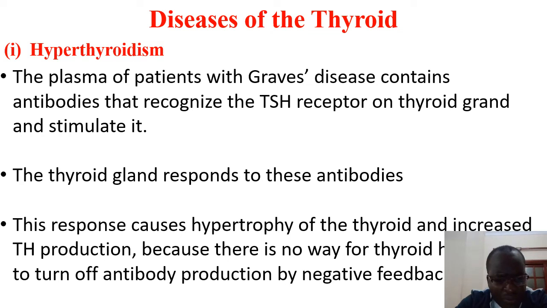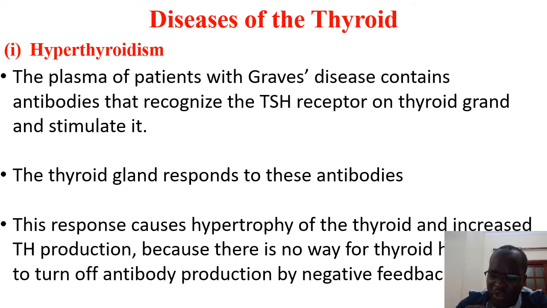So this response causes hypertrophy of the thyroid and increased thyroid hormone production, because there is no way for the thyroid hormones to turn off antibody production by negative feedback. The production of these antibodies is not responding to the negative feedback of the thyroid hormones.